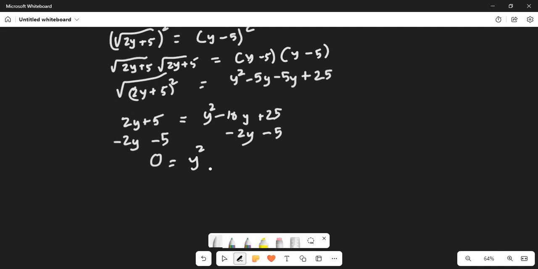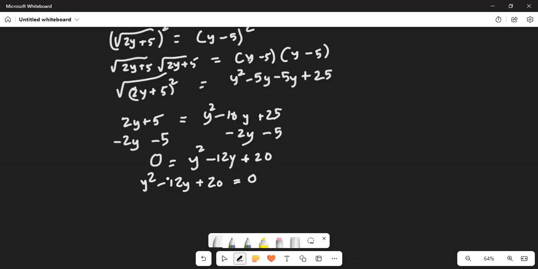So I have minus 12y, because 10 and 2 both are negative. I add them together, keep the y. Minus 10 minus 2 added together is minus 12. And 25 minus 5 is 20. Okay. So I have basically the equation y square minus 12y plus 20 is equal to 0.